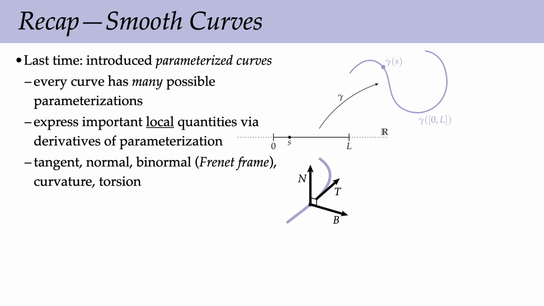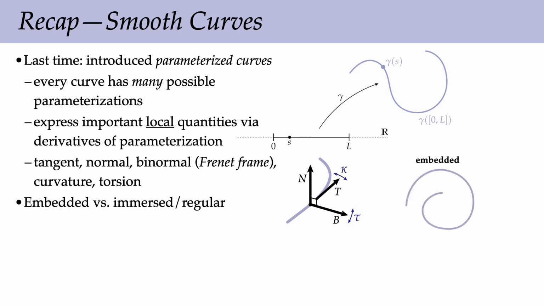And last time we introduced the idea of the Frenet frame, which ties a bunch of these quantities together. We also made the important distinction between embedded and immersed curves. So embedded meaning that essentially the curve gets mapped into space while preserving its topology. It doesn't cross itself. Its endpoints don't get glued together. An open curve remains open.